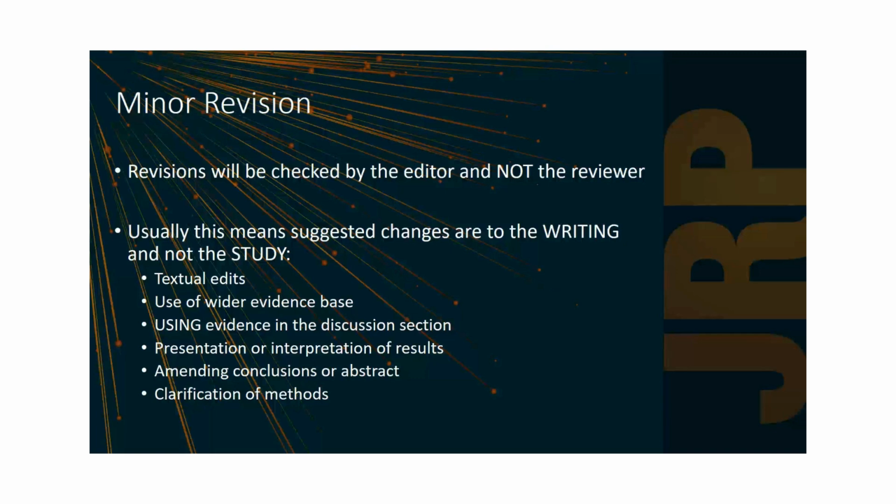They've potentially not used any evidence to support their methods, or commonly their discussion section. It might mean that they need to present or interpret their results a little more clearly. They might need to make some amendments to the conclusions, the abstract, and clarify methods. Say things that are all clarification and minor bits of changes, things that an editor can have a look at and say, oh yes, I can see that's been amended fine. This would constitute a minor revision.